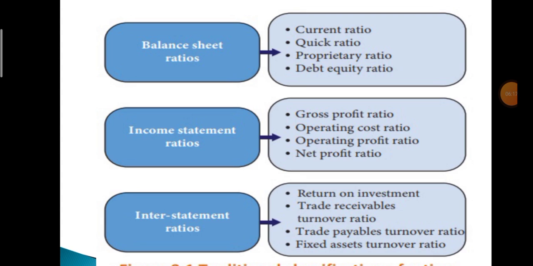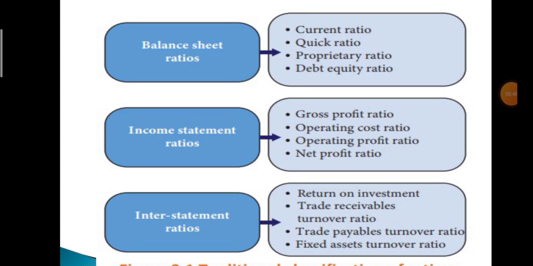balance sheet ratios. Balance sheet ratios can be classified into four, that is current ratio, quick ratio, proprietary ratio, debt equity ratio. Income statement ratios, that is from the statement of profit and loss, are classified into four, that is gross profit ratio, operating cost ratio, operating profit ratio, net profit ratio.